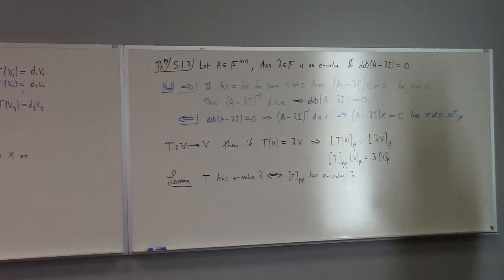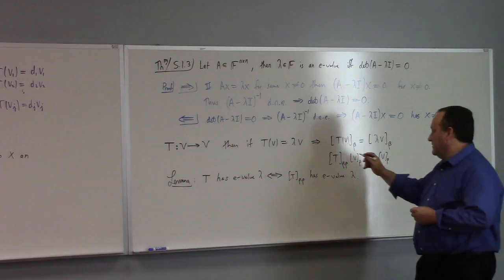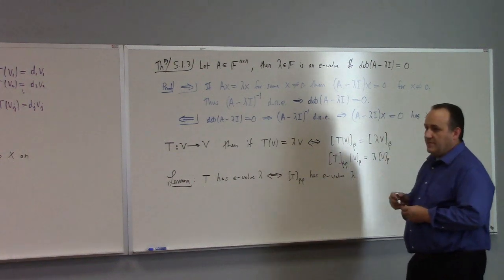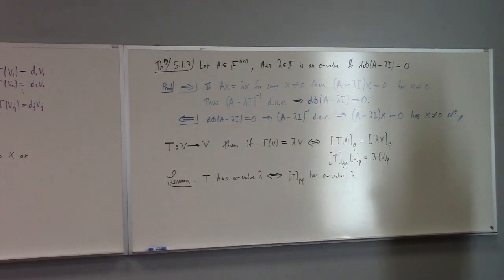See, the thing is, I started this calculation in the way that I did, but it's reversible. This is actually a reversible calculation, right? I can just as well do this because the coordinate map is an isomorphism. It goes both ways.